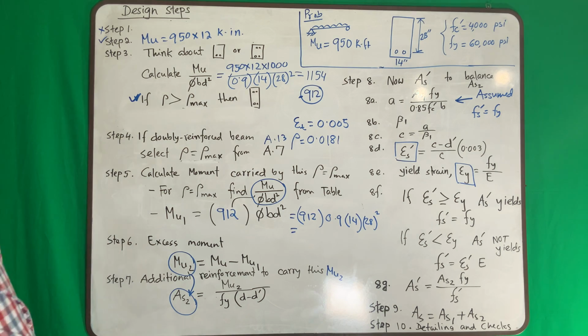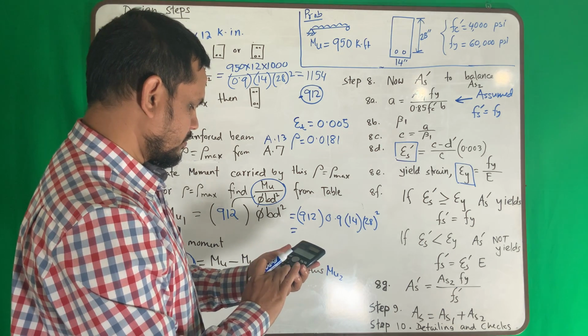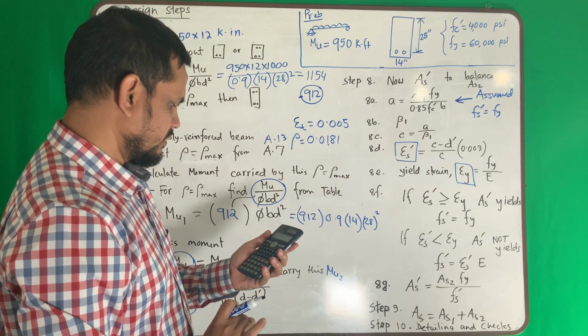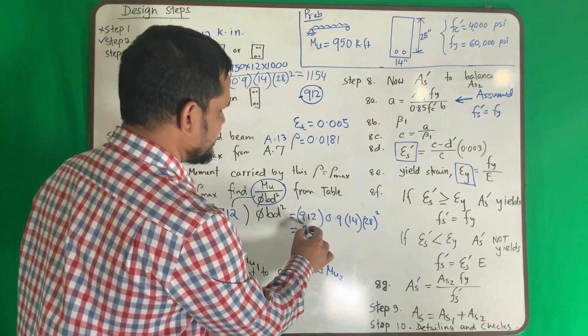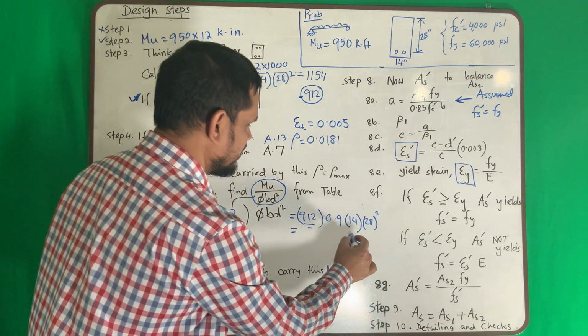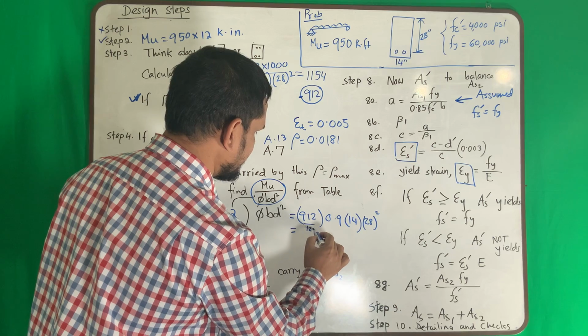If I take my calculator, 912 times 0.0181 times 14 times 28 square. Now this value is in pound-inch, so I will divide this value by 12 and then 1000.